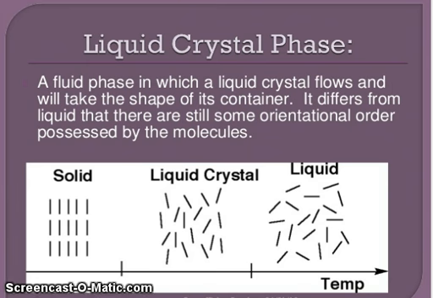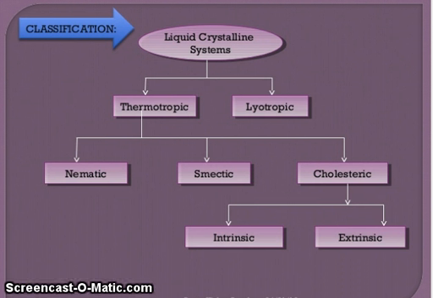Liquid crystal phase is a fluid phase in which the liquid crystal flows and takes the shape of its container. It differs from a liquid in that there is still some orientational order possessed by the molecules. So you can see the arrangement of the solid, the liquid crystal, and the liquid according to increasing temperature.